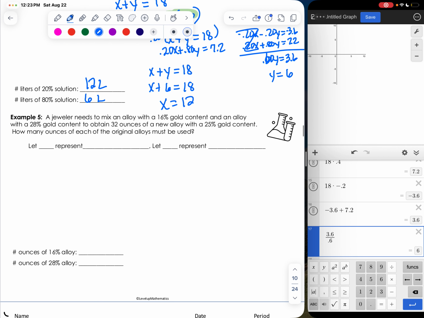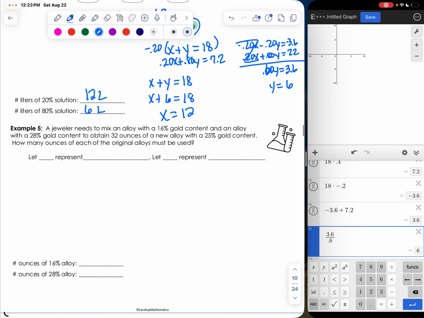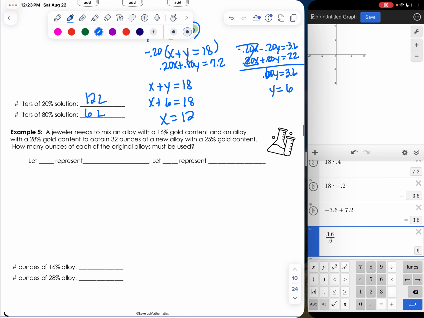All right, example 5. A jeweler needs to mix an alloy with a 16% gold content and an alloy with a 28% gold content to obtain 32 ounces of a new alloy that has 25% gold content. How many ounces of each of the original alloys must be used?